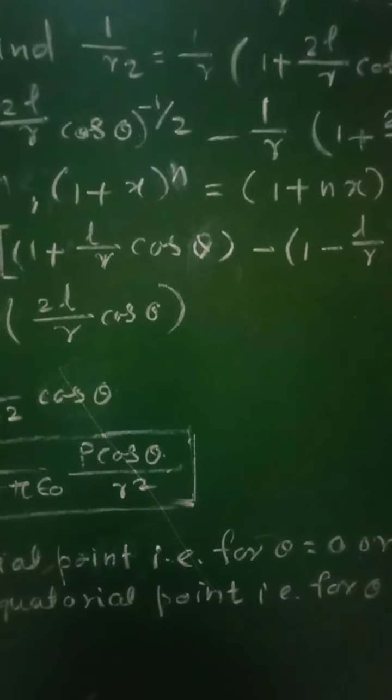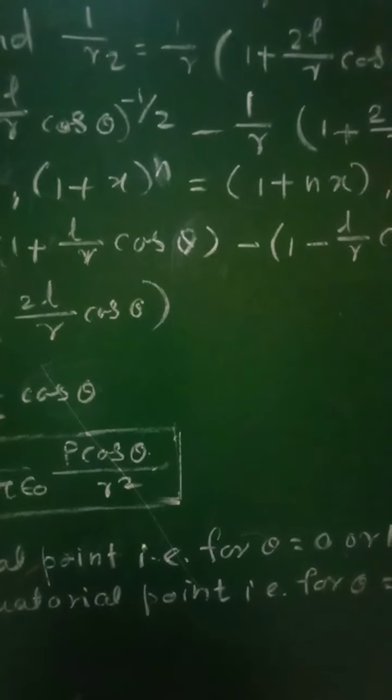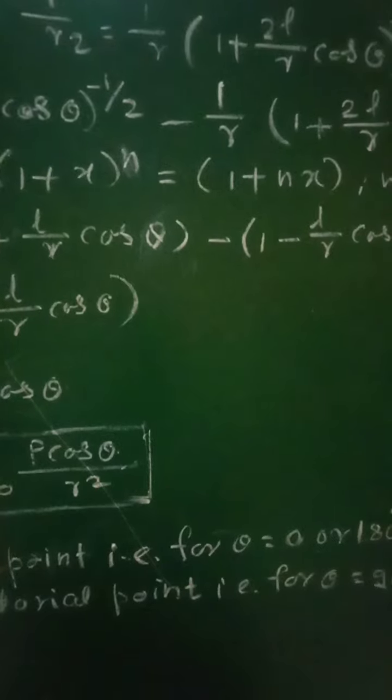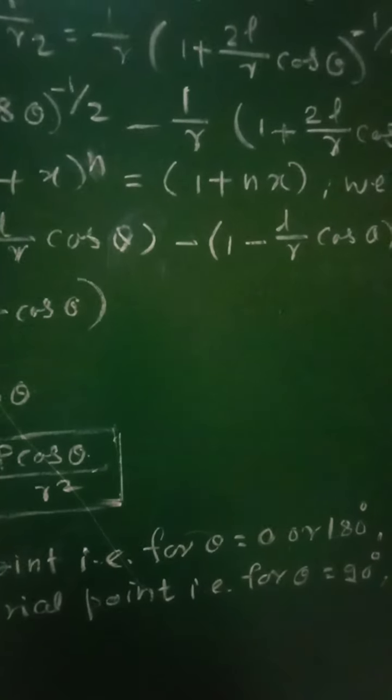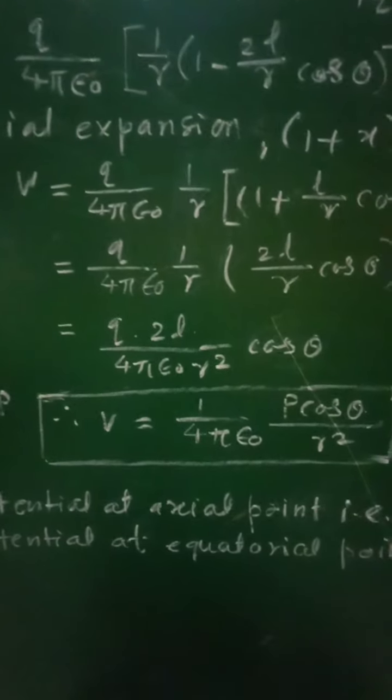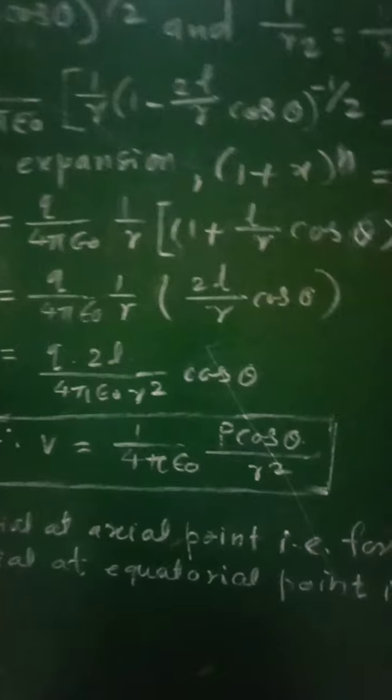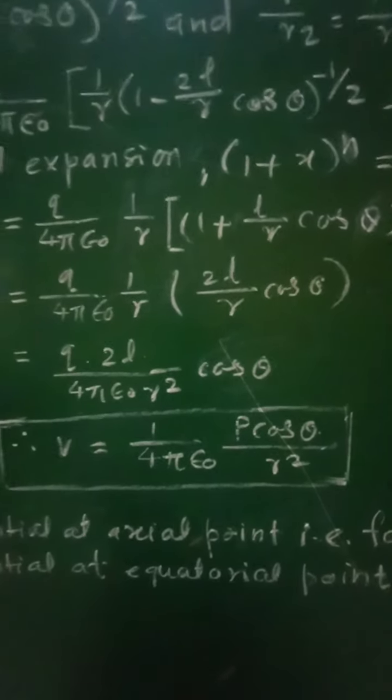Then here plus 1 and minus 1 will get cancelled, and the second term in the second bracket will become minus minus plus, that is L by r cos theta, and hence the potential phi will be equal to q upon 4 pi epsilon 0 into 1 by r into 2L upon r cos theta.